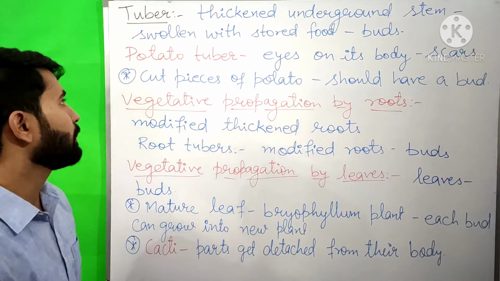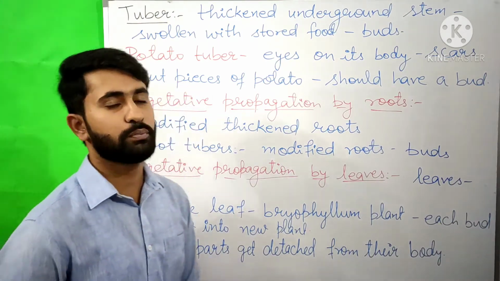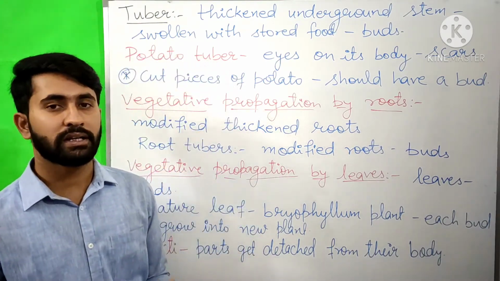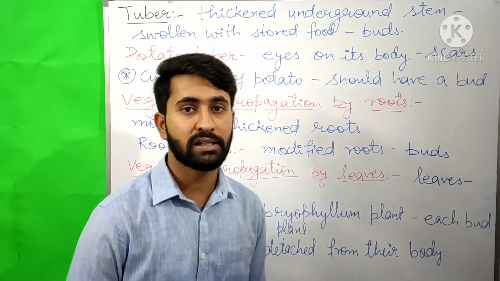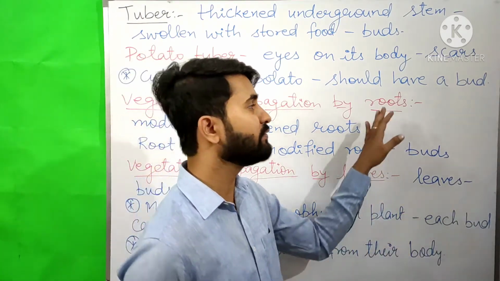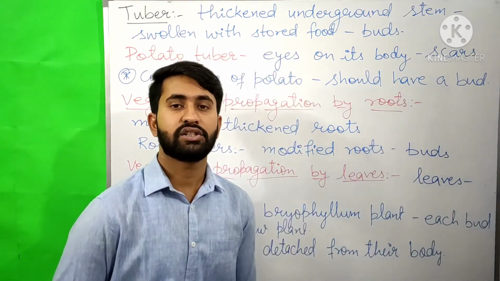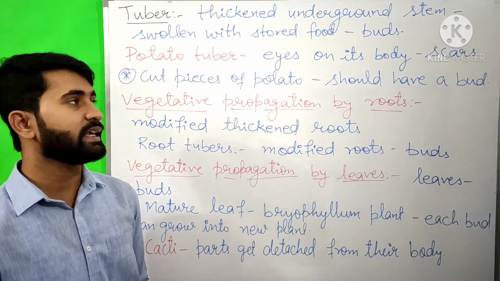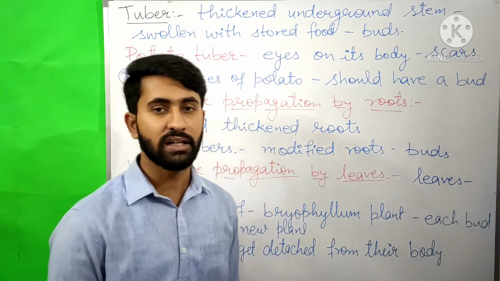We can even plant the cut pieces of potato to obtain the new potato plants, but the cut pieces of potato should have a bud on them. The ginger and the turmeric can also be grown like the potato.